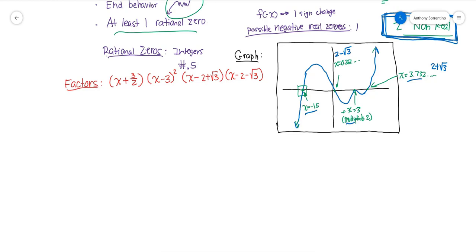What I will be left with once I factor these out is another second degree polynomial, which I can certainly find the zeros for, and those zeros are more than likely the non-real ones. So how am I going to do that? Well, since these are linear binomials with a leading coefficient of 1, I could do synthetic division with these.